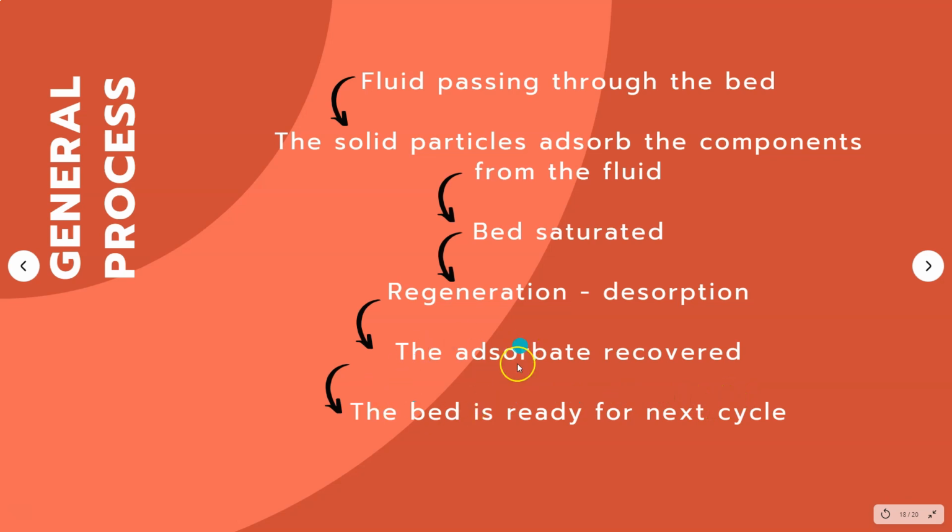The bed is actually the place where you put all your adsorbent. This adsorption process will occur until your adsorbent is saturated, then there is a regeneration to recover your adsorbent.